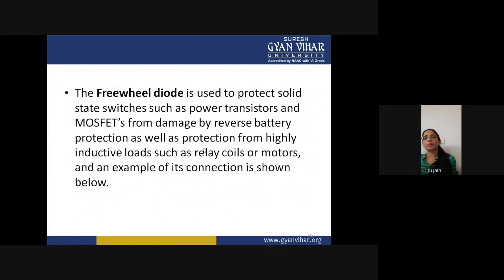Now, the freewheel diode is used to protect solid state switches such as power transistors and MOSFETs from damage by reverse battery protection, as well as protection from highly inductive loads such as relay coils or motors. An example of its connection is shown below.